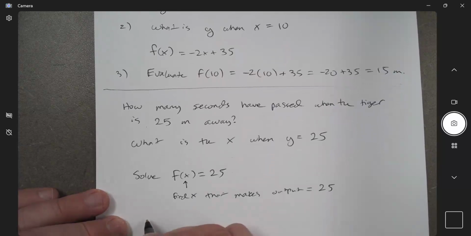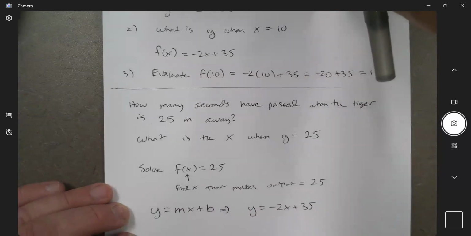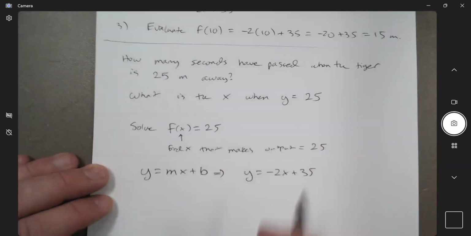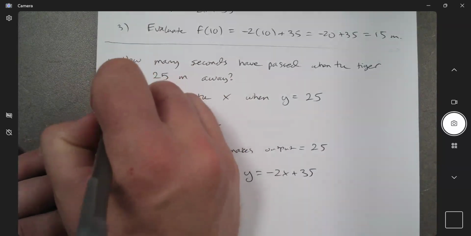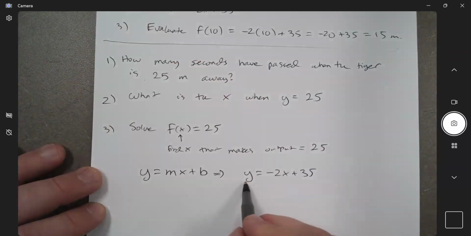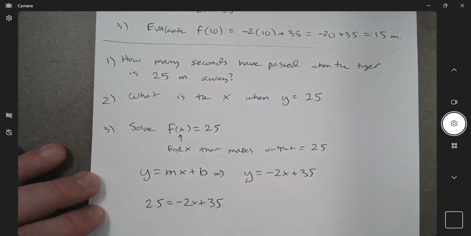And this is most easily done using the y equals mx plus b. y equals negative 2x plus 35. Those three questions are the same. We know y is 25. And we're going to solve for x.